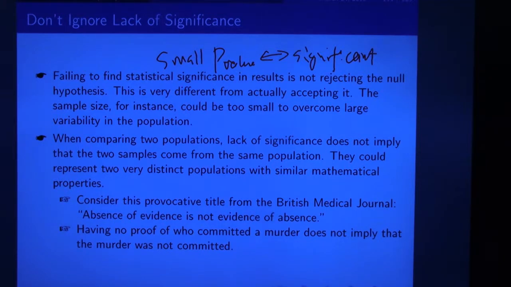We have examples in the British Medical Journal. One title says, "Absence of evidence is not evidence of absence." Similarly, having no proof of who committed a murder does not imply that the murder was not committed.